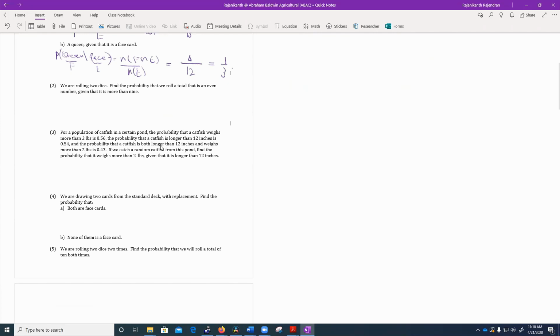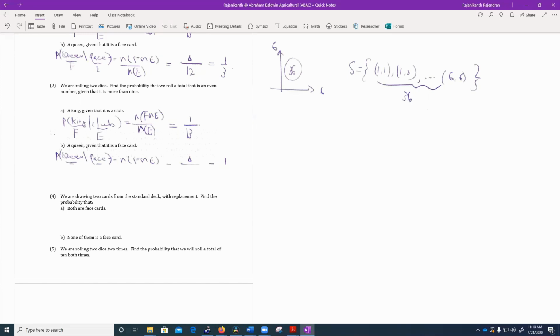Next one, we are rolling 2 dice. When you roll 2 dice, remember we have 36 outcomes. So my sample space is 1,1, 1,2, and all the way up to 6,6. There are 36 of them.